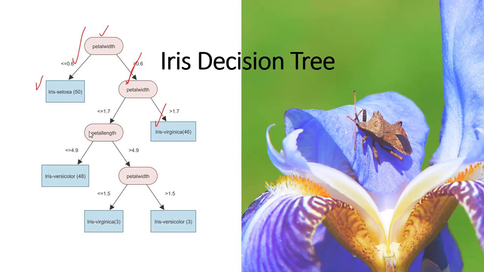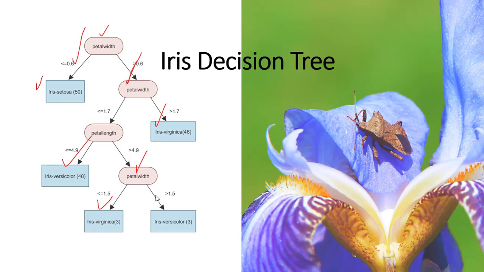So coming over here to the petal length and traversing down, if it's less than or equal to 4.9, we know it's an Iris versicolor, 48 of those. If the petal length is greater than 4.9 centimeters, then we go to the next interior node. If the petal width is less than or equal to 1.5 centimeters, it's Iris virginica.